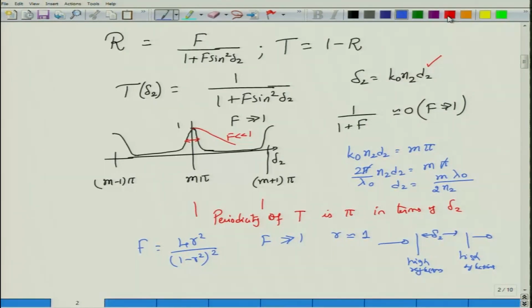And remember that this lambda 0 by n2 is actually the wavelength in the medium, and then wavelength divided by 2 if you choose. For this choice you will see that the transmittivity actually peaks. So this distance d2 is twice the quarter wave transformer distance. That is something that I wanted to point out.